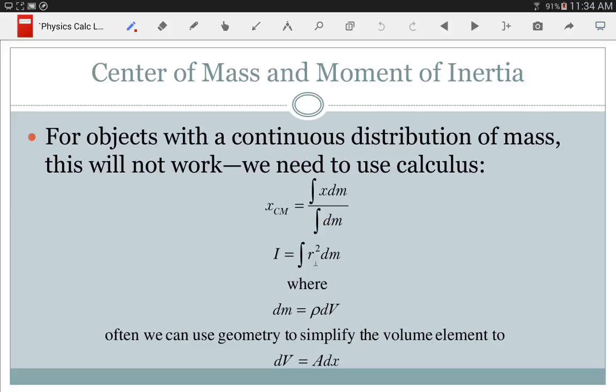Okay, so I will go and do a rod with a varying density right here, just so you have seen the process. So now, let's do this one, the moment of inertia for a rod with varying density.